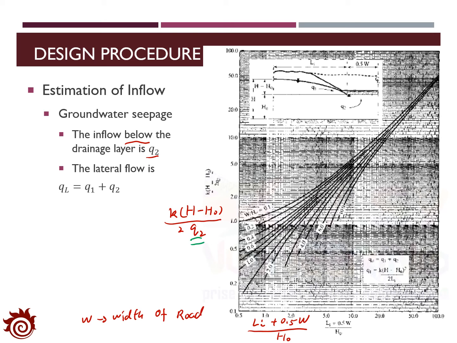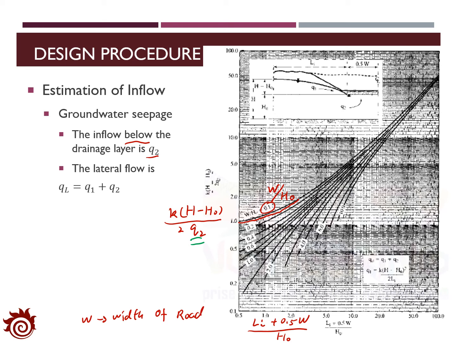In this figure, each line represents the value of W over H0. So the first line here is the result for W over H0 at 0.1. We can find the line with different values of W over H0.